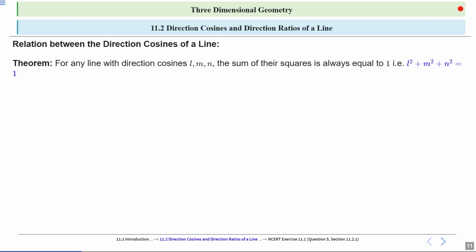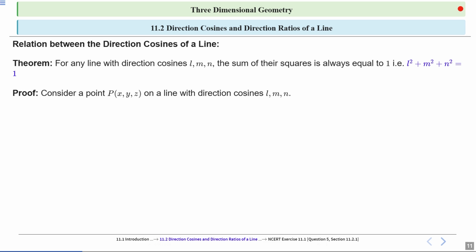This theorem states that for any line, if we call its direction cosines L, M and N, then the sum of their squares is always equal to 1. In other words, L square plus M square plus N square equals 1. This is a fundamental property that holds for any line in three-dimensional space.